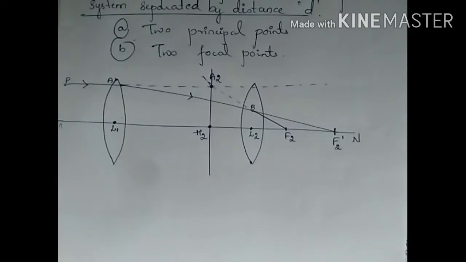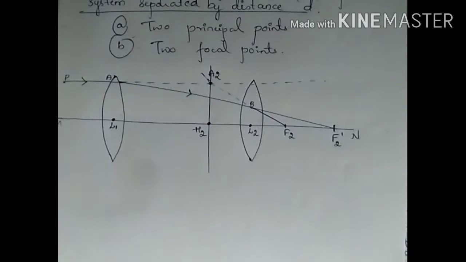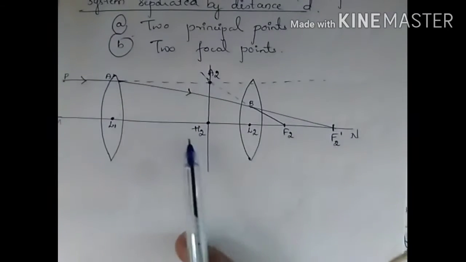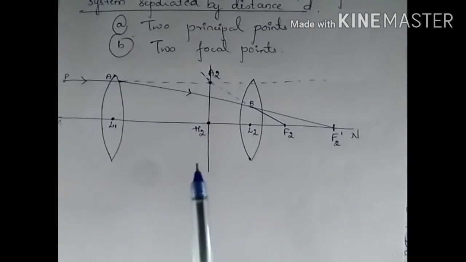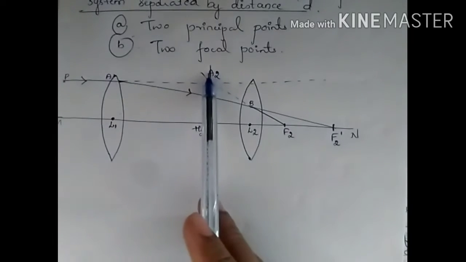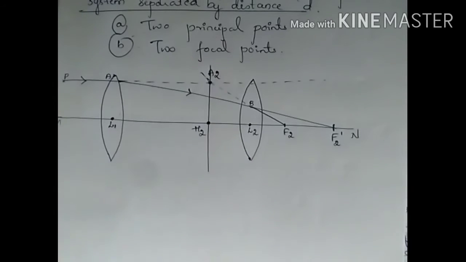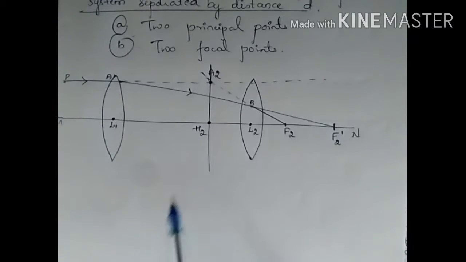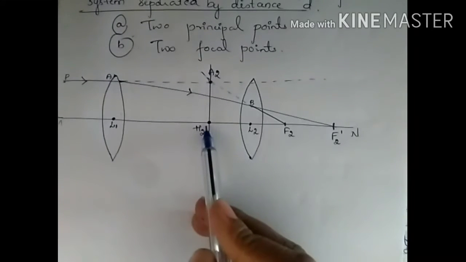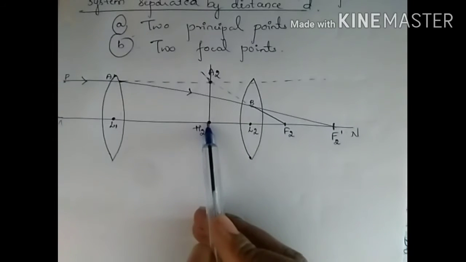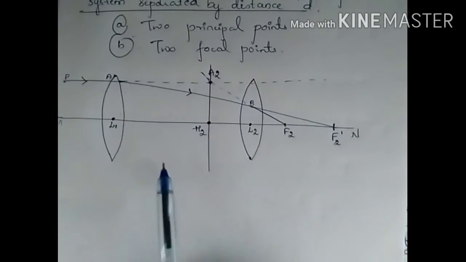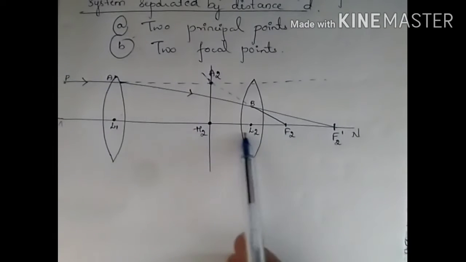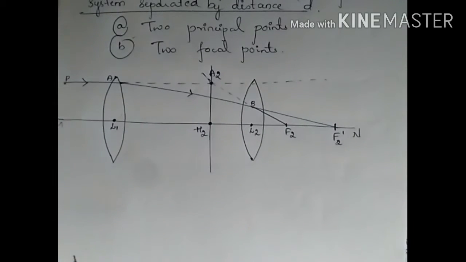So this H2 is the second principal point of the two thin lenses, and the plane which crosses the principal axis at H2 is the second principal plane. Now we have to measure the distance of the second principal point, that is H2, from L2. That is, we have to measure the H2 L2 distance.